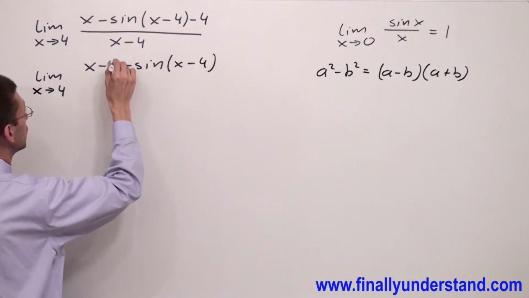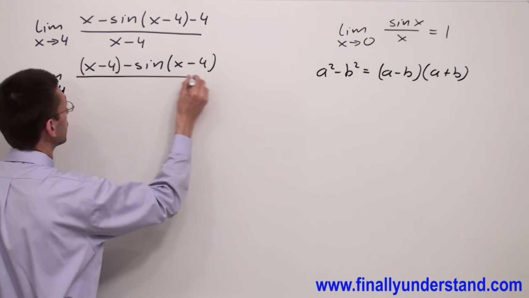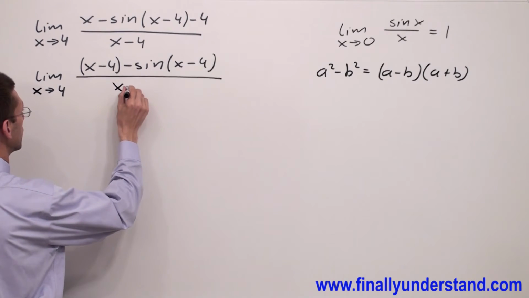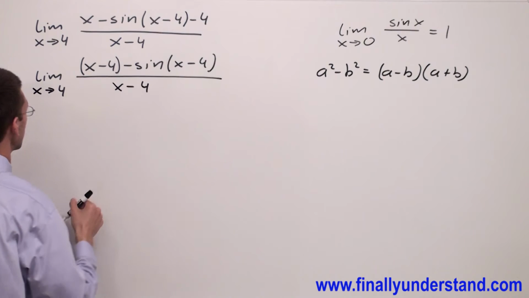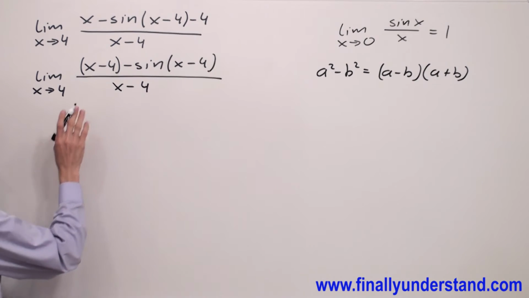I'm going to simply put x minus 4 inside of the parentheses over x minus 4. Next, I'm supposed to rewrite this as two separate fractions.